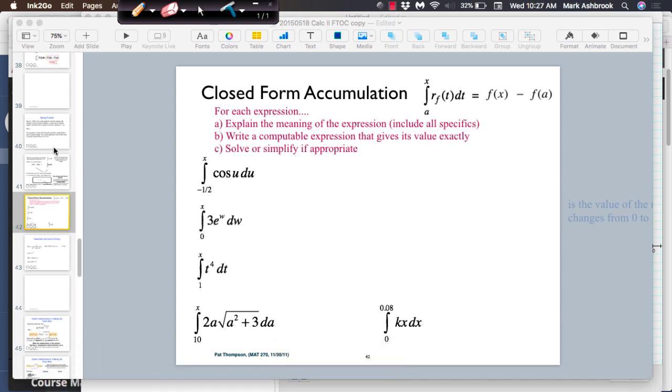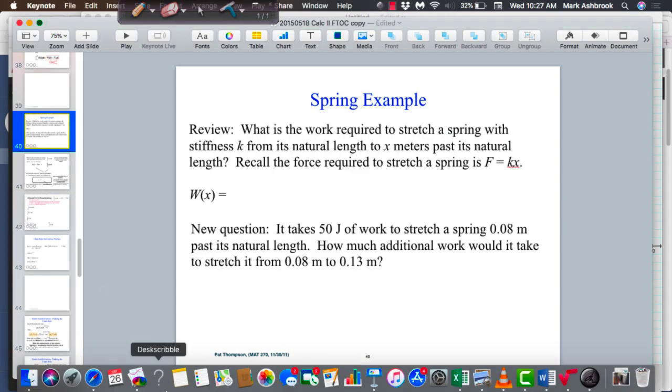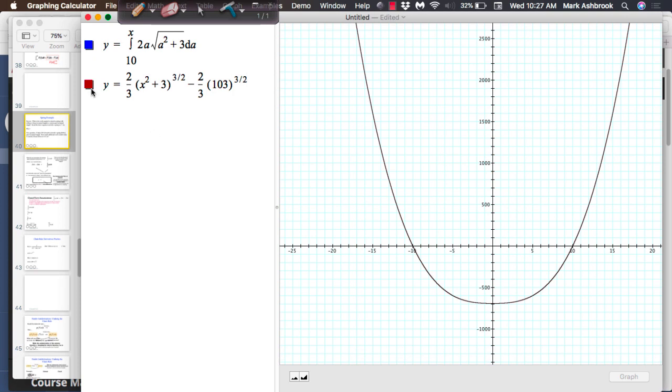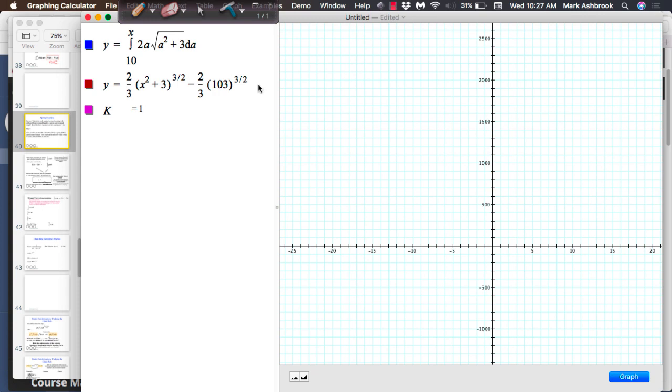Going back to the problem, here it is. All right, first of all, the value of k is, what did we say? 100 divided by 0.08 quantity squared.